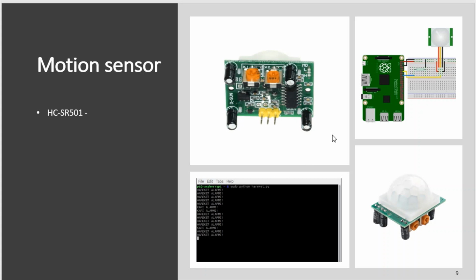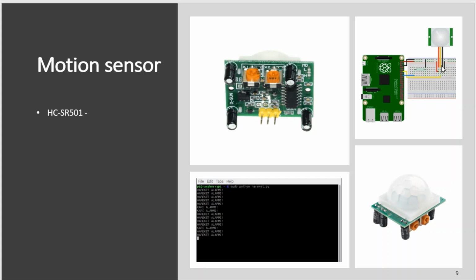This motion sensor has 3 cables. The red cable is for giving 5 volts, and the yellow cable is the data cable. When there is a motion, the data cable is high, I mean gives 5 volts, and the black cable is the ground cable.